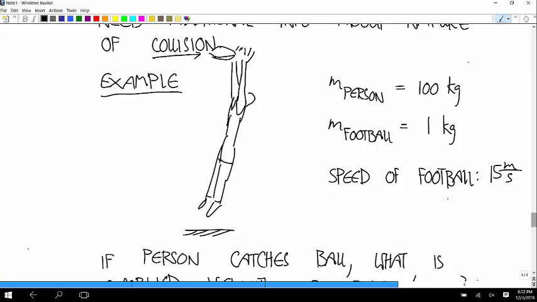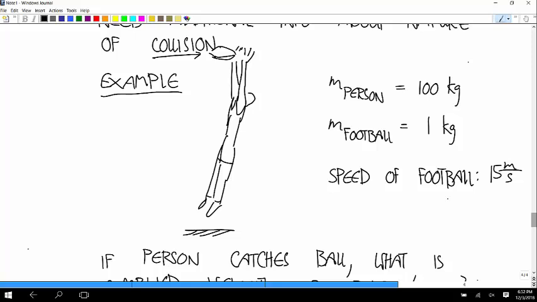It says they hit each other and stick together. But if you wanted to say that the ball bounces off with a certain loss of energy or whatever, you could do that. It would just make the math more complicated. But you always need to say something about the nature of the collision.